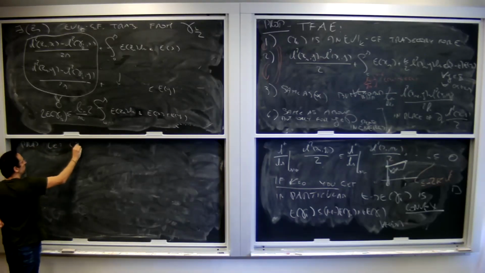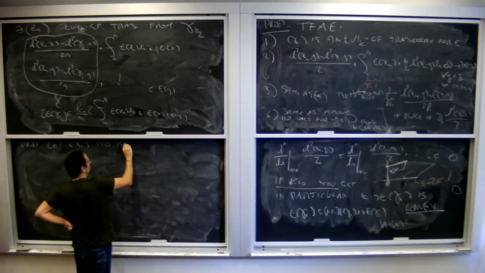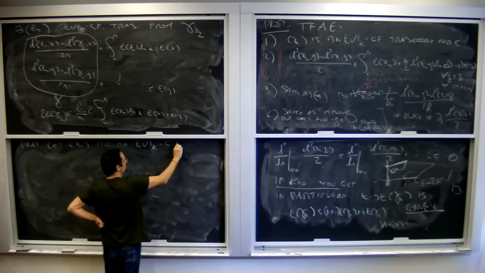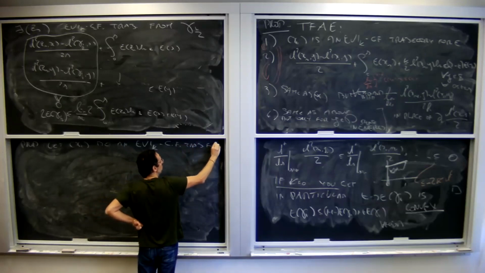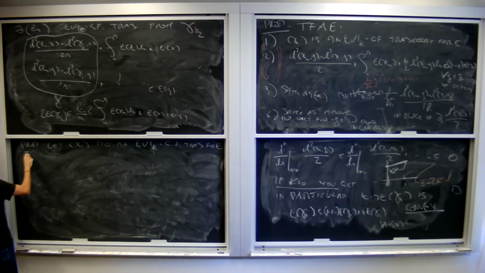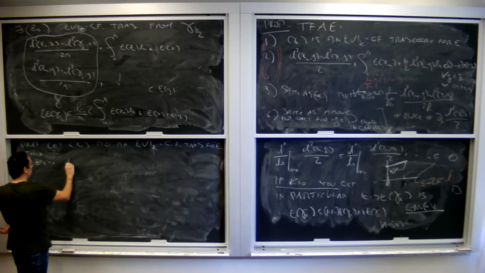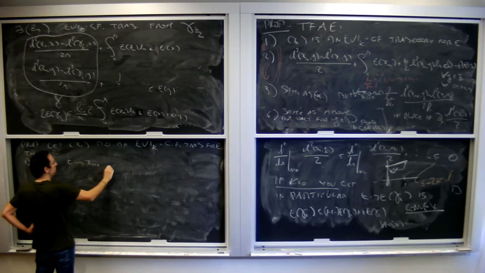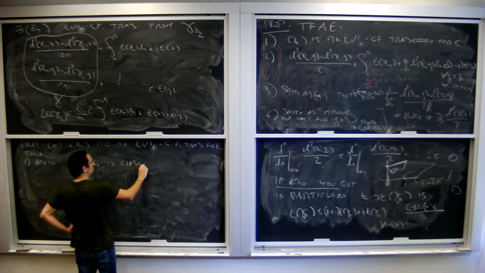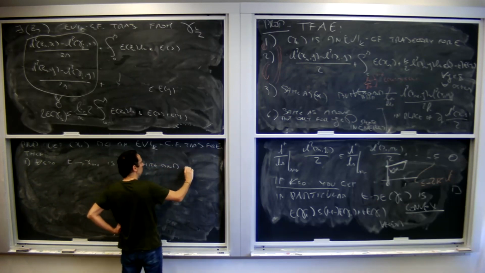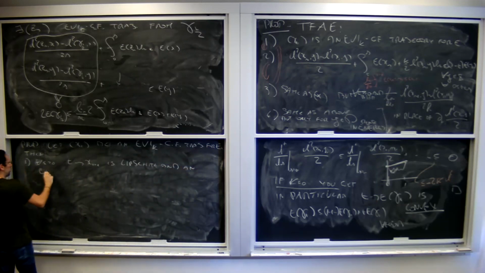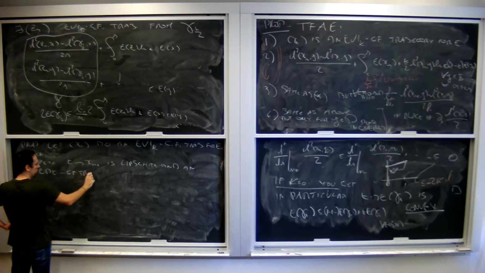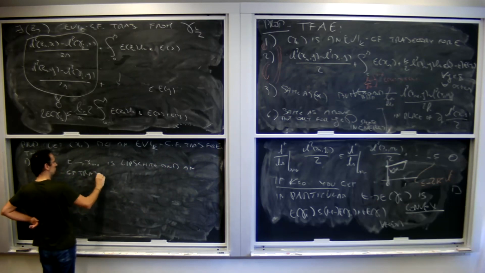Let x_t be an EVI_K gradient flow trajectory for the function E. Then, one, for any epsilon positive, the curve that takes t and returns x_{t+epsilon} is Lipschitz, and an EDE gradient flow, so a gradient flow in the energy dissipation sense.